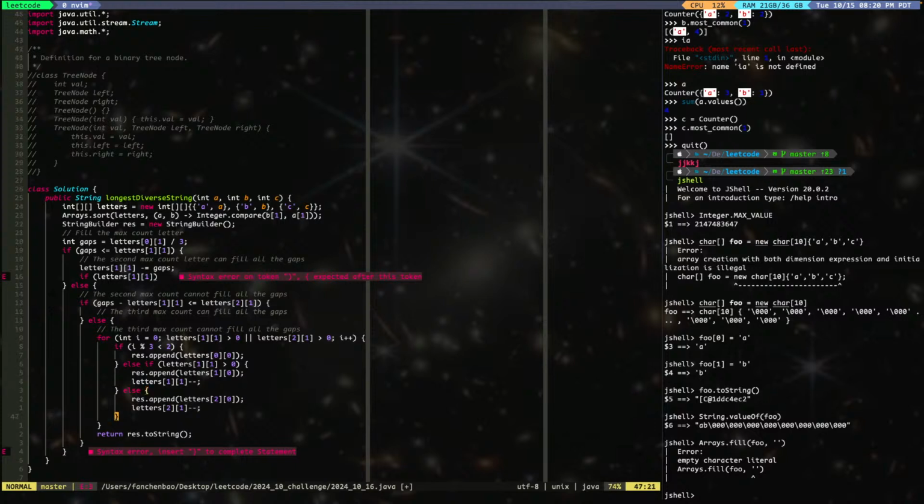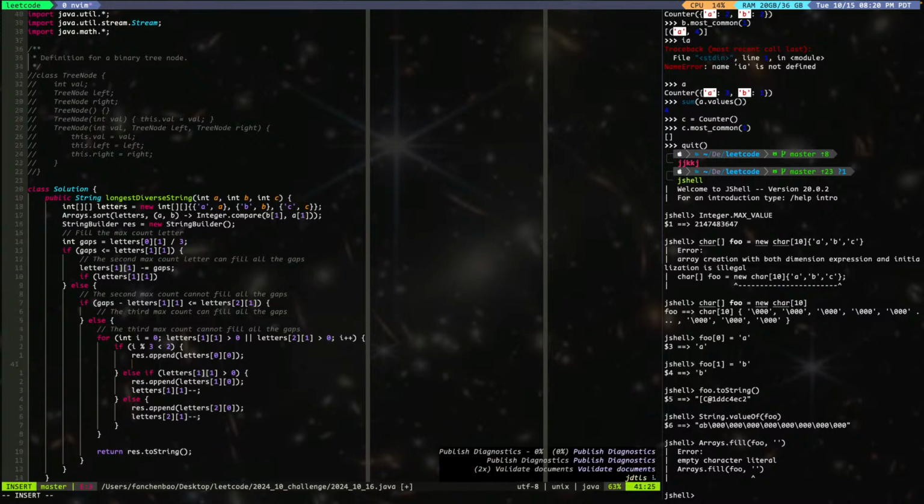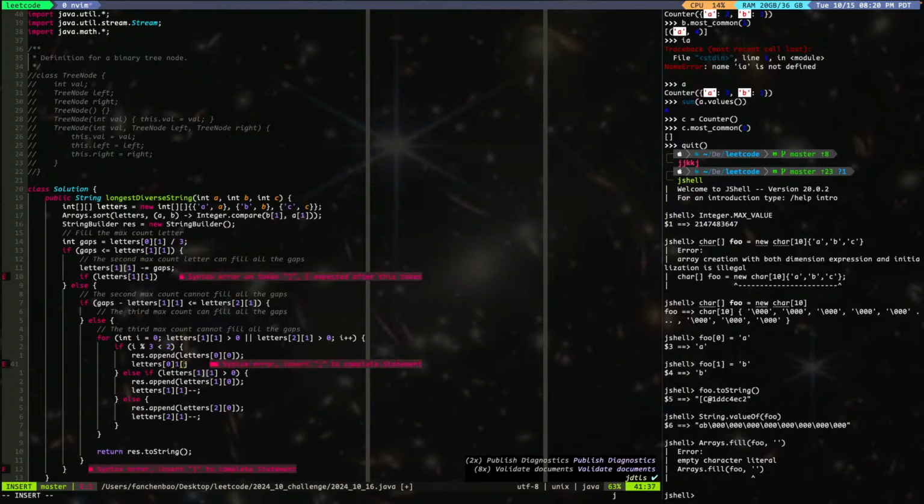And once we get out, then we can append maybe 2 more, depending on how many A's we have, right? How many of the first letters we have. Then we also have to say letters 0, 1, no, also minus. Okay. So now we get out.